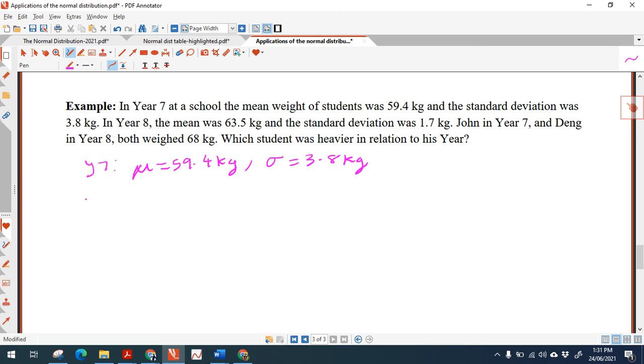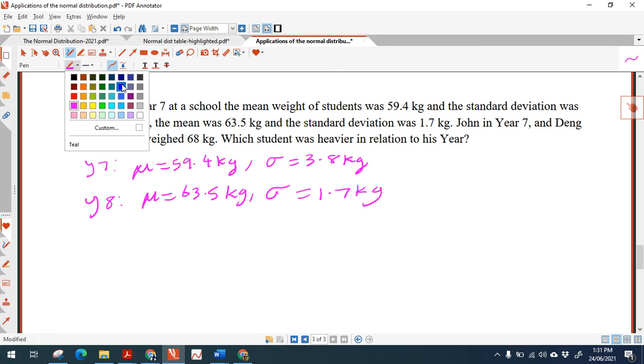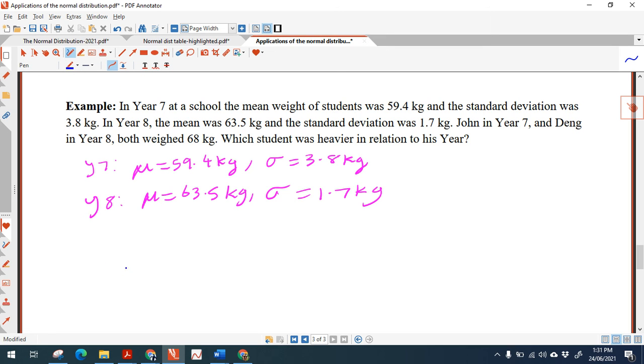Alrighty, now for year 8, they tell us that the mean is 63.5 kilos, and standard deviation is 1.7 kilos. Okay, now we've got two students. One is John. Now John is in year 7, right?